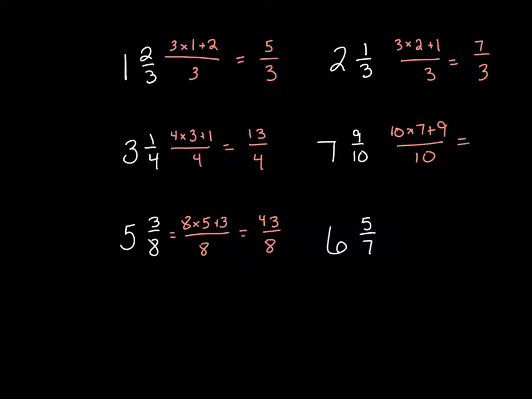So 10 times 7 is 70, plus 9 is 79 over 10. And then for the last one, 6 times 7 plus 5 over 7. That would be 42 plus 5 is 47 over 7.